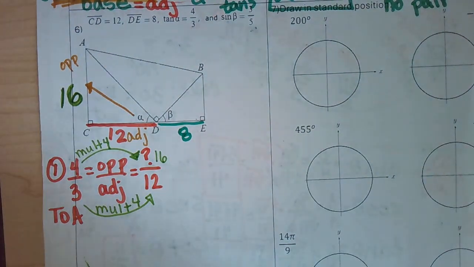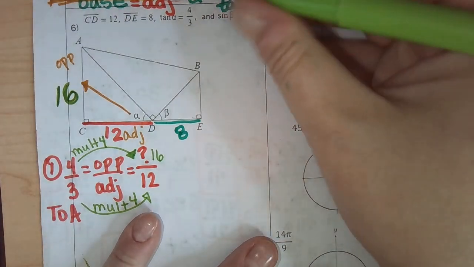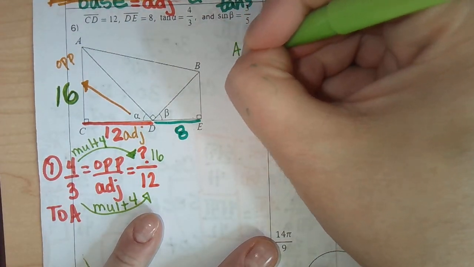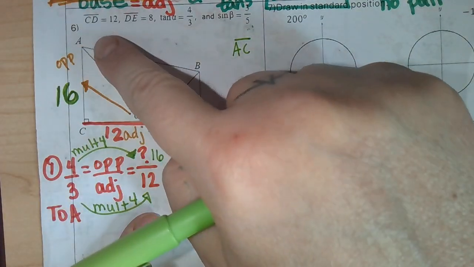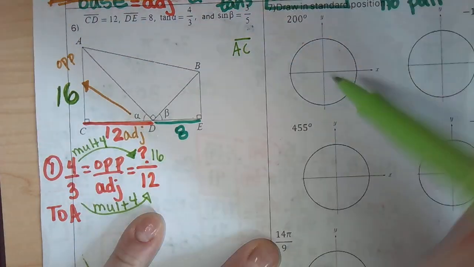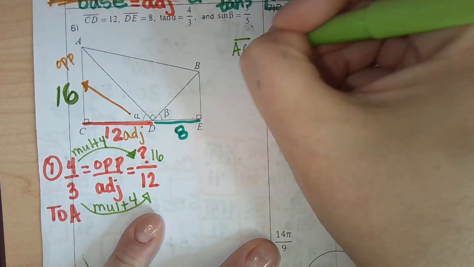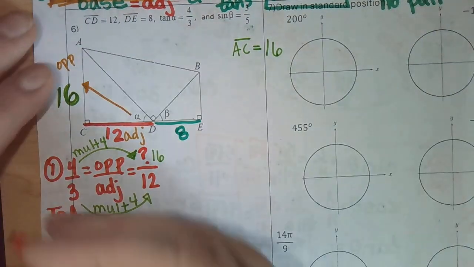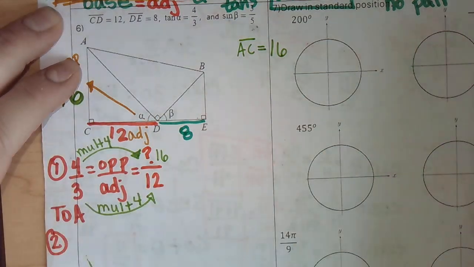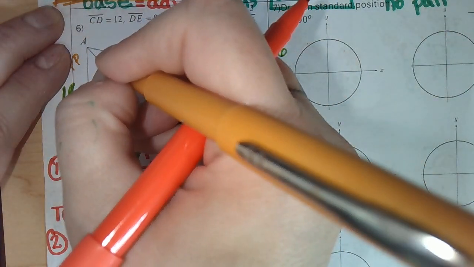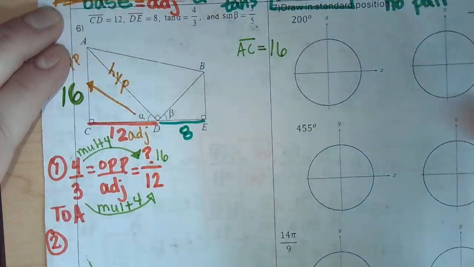Okay. We still need to find every other piece. Okay, so I just found that AC, it's the distance between letter A and C, is 16. Okay, let's keep going. Let's maybe try and find the hypotenuse of that same triangle.